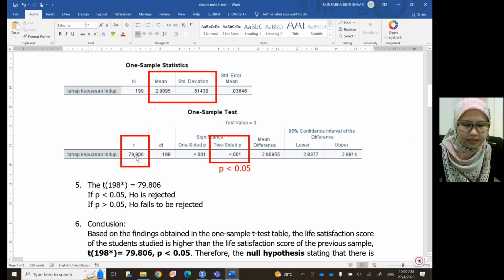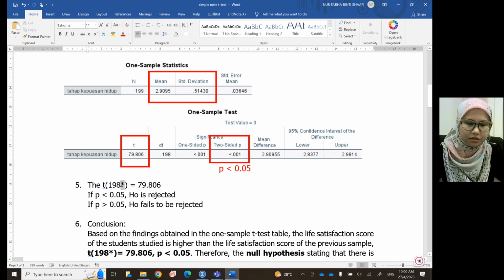79.806. Okay, using this in the bracket is referring to the DF here. Okay, 198. It is just minus 1. Your sample number minus 1, and then you get 198.